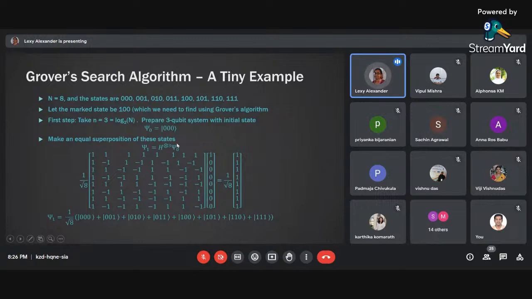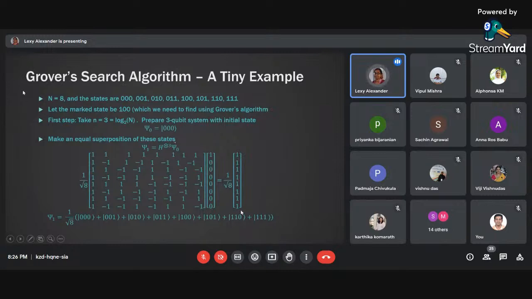The 3-fold tensor product of H, the Hadamard matrix, is 1 by square root of 8 times the matrix, and we multiply it with that amplitude vector. Only one amplitude is 1, and the rest are 0. So when you multiply, only the first column will come out. It will be 1 by square root of 8 times all 1s.